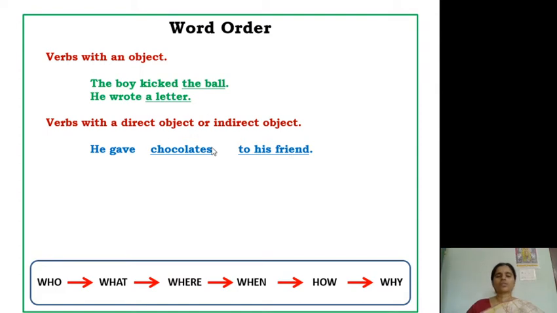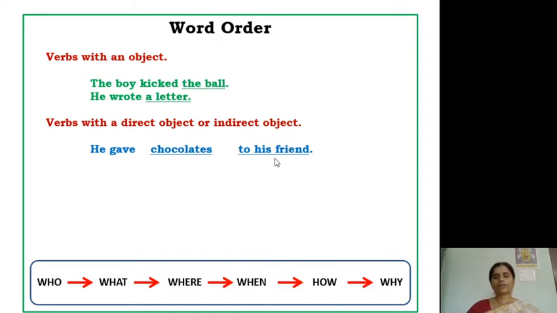Now chocolates is an object and his friends is also an object, right? So we have got two objects in this sentence. Here chocolates becomes the direct object and his friends becomes the indirect object. He gave what?